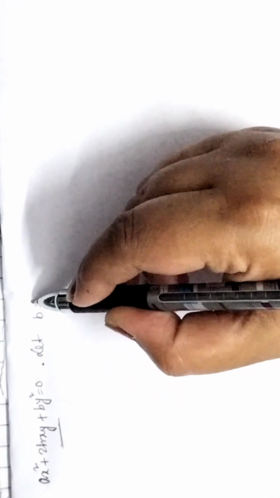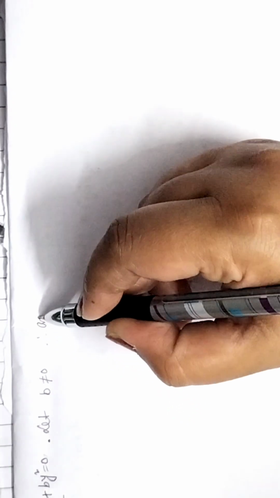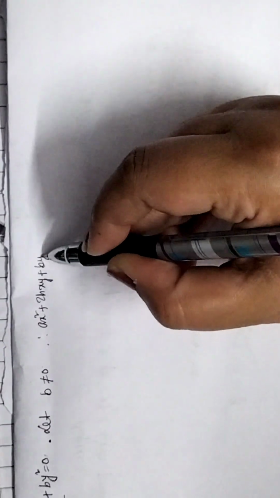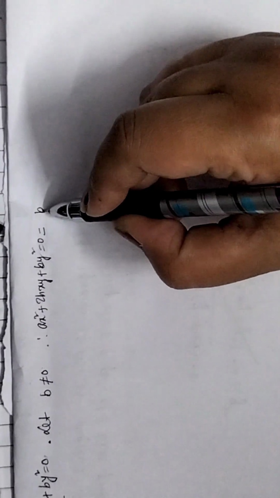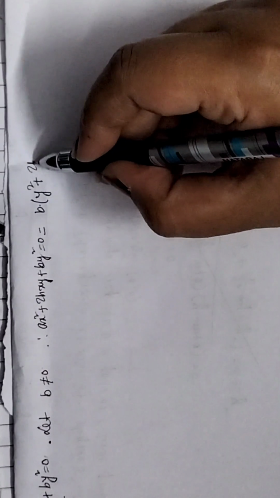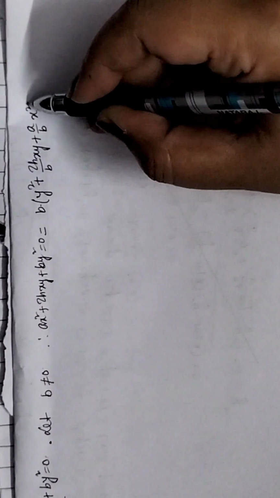Now if we consider b is non-zero, let b not equal to 0. So obviously we can write ax square plus 2hxy plus by square equals to b into, here we can take b in common because b is non-zero we have considered, y square plus 2h by b into xy plus a by b into x squared.